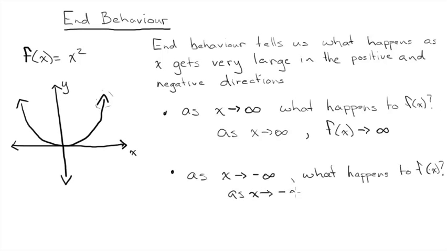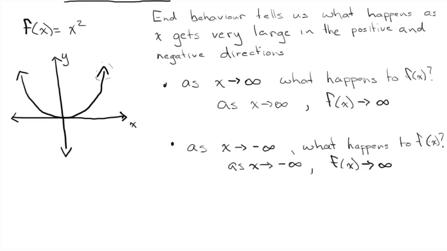As we move in this direction, our x values get very, very negative. Where is this arrow going? Again, it's going up and up and up, so it is also going to infinity. It just keeps getting bigger and bigger.